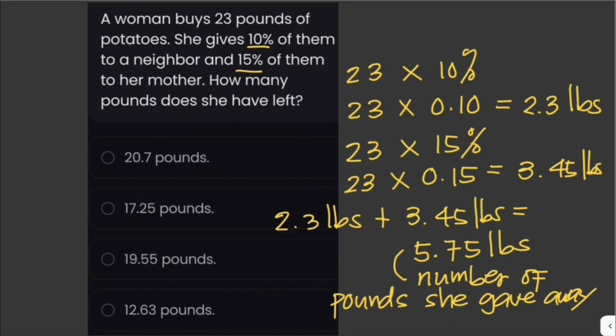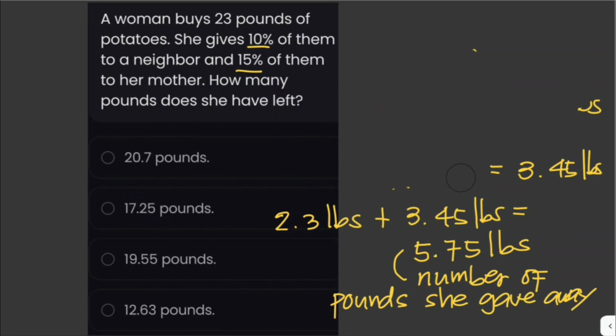Since we already have the total number of pounds she gave away, we can now calculate the number of pounds she has left. Alright, let's delete this. Now to solve for that, we just have to subtract 5.75 pounds from 23 pounds.